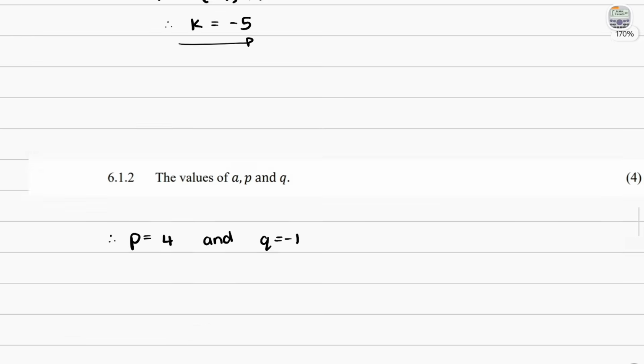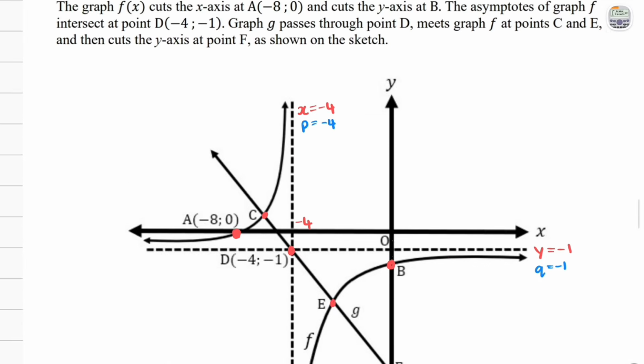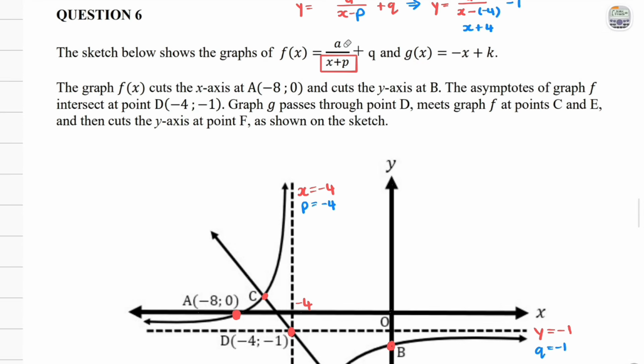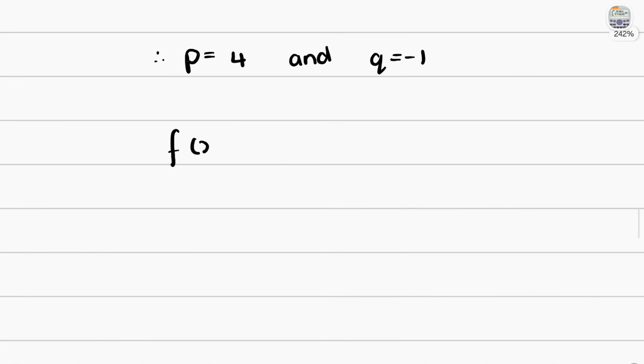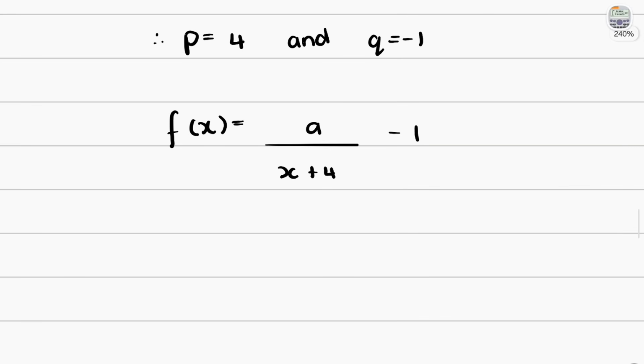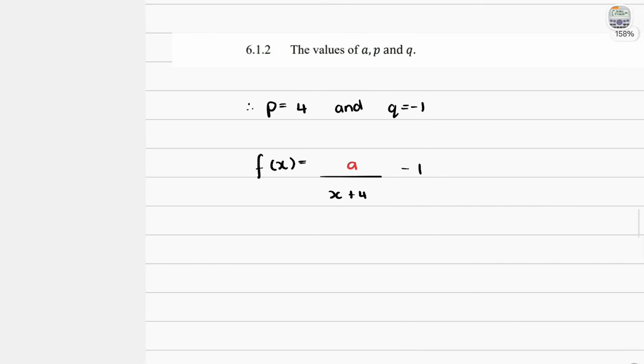Okay, great. We found p and q, and now we can use this to find a. So let's complete our equation. Our equation, f of x, now looks like this. So f of x is equal to, a is still a, over, and now this is x plus 4, minus 1. Now you see at this point, only a is missing, meaning we just need to find some point on this graph, substitute it in place of y and x, and that will help to solve for a.